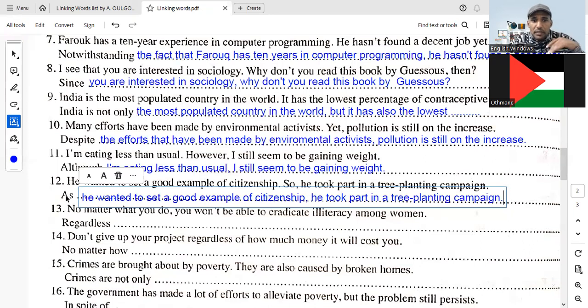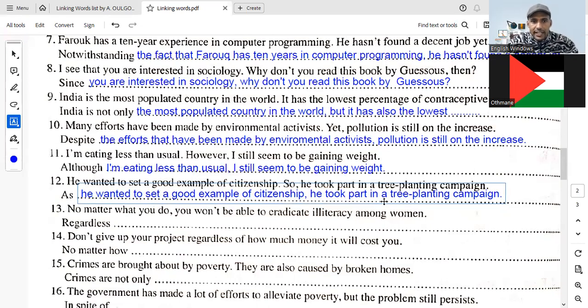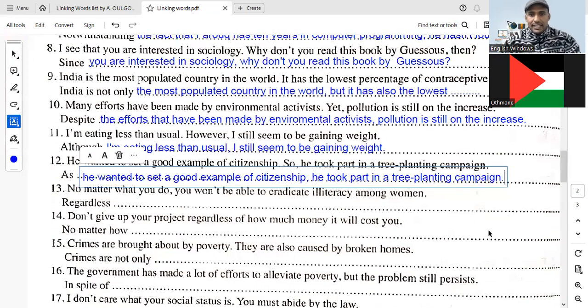That's why he took part in a tree planting campaign.